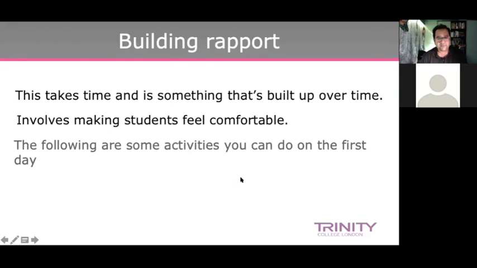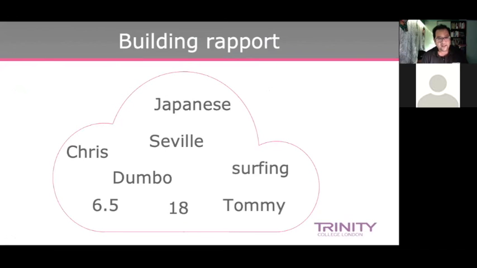So here are a couple of activities that you can do to initially get students to be communicative or to open up with ideas. For instance, you could draw this little bubble or this little cloud, and you could mention words that are relevant to you. So you could perhaps write Japanese, and you can write Seville and words that are on the screen.